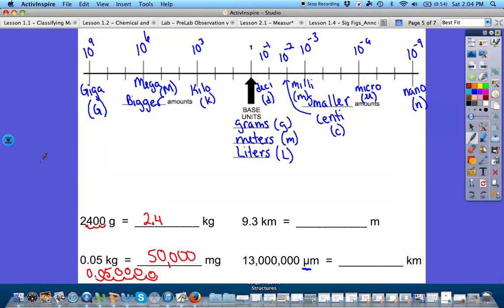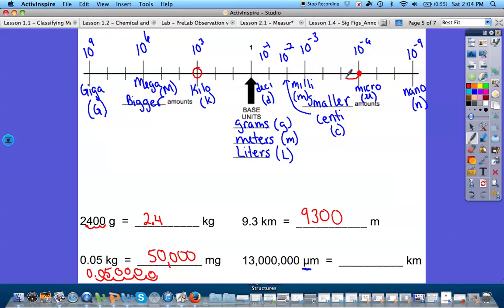Welcome back. So 9.3 kilometers, we're starting at kilometers. We want to go to meters, so we're going to move our decimal 1, 2, 3 places to the right. So that is going to be 9,300 meters. And then 13 million micrometers. We're starting here at micro, and we want to go to kilometers.